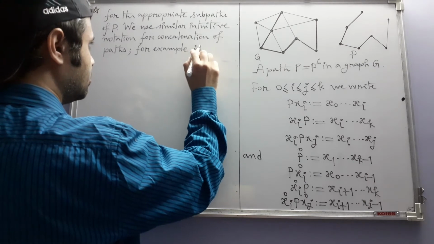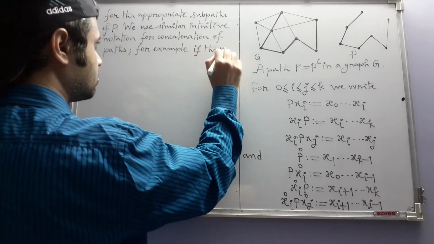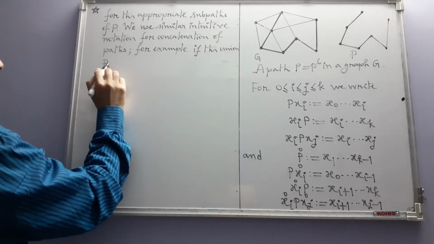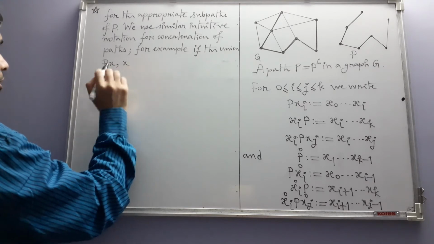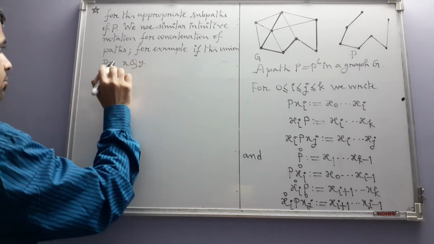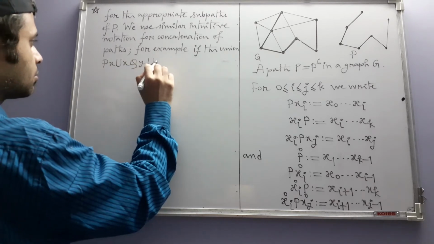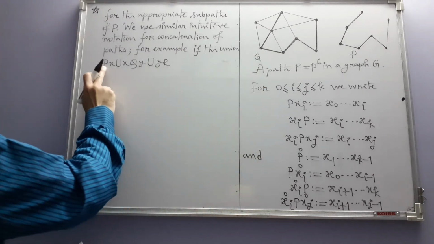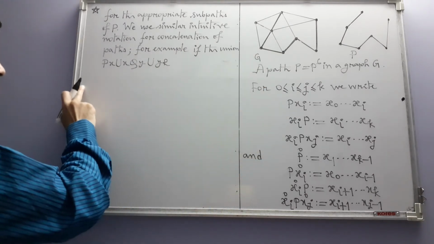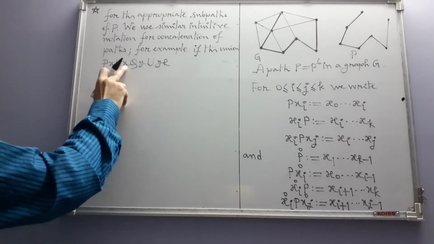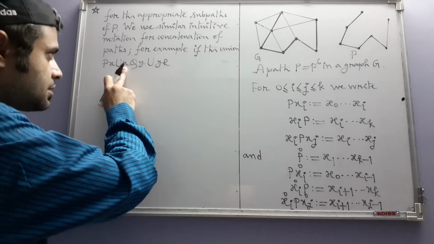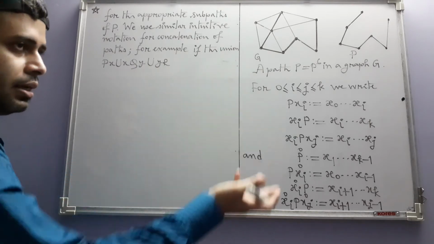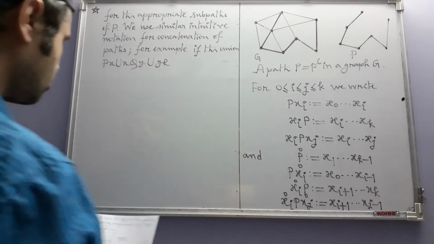If the union of, say, P x, x Q y and y R, looking at these notations you now know what P x is. P x is a path that starts somewhere and ends at x. x Q y is a path that starts at x and ends at y, and y R is a path that starts at y and ends somewhere. Okay, so this is concatenation of paths.